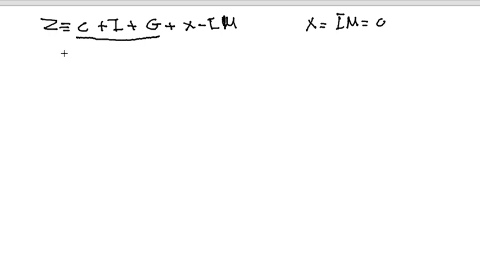And we said consumption mainly depends on, or is a function of, disposable income, and we know that disposable income is the difference between your income minus taxes and government transfers.